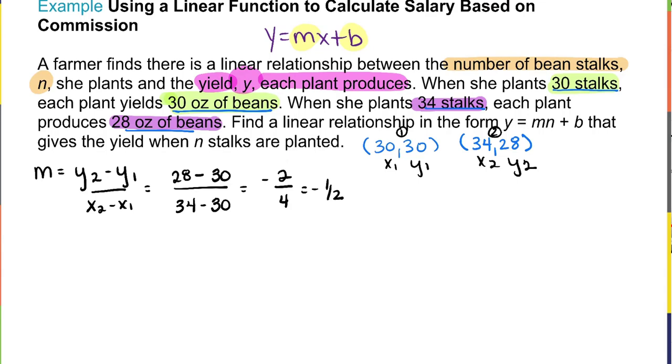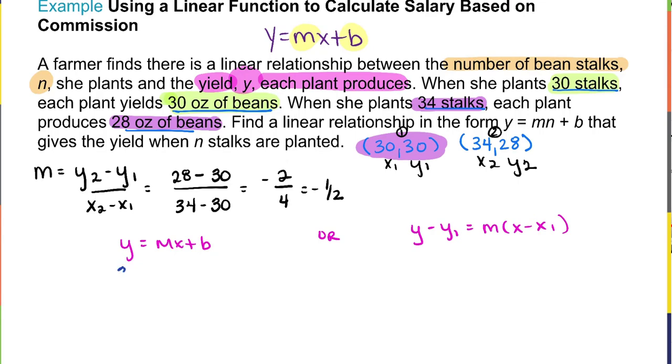Now once we do that, I gave you the choice in the last video. You can substitute this into y equals mx plus b, or into point slope form, y minus y1 equals m times x minus x1. Either way works. And just to remind you, since this is a new video, I'll show you in both. So I'm just going to pick a point. I'm going to use this one right there.